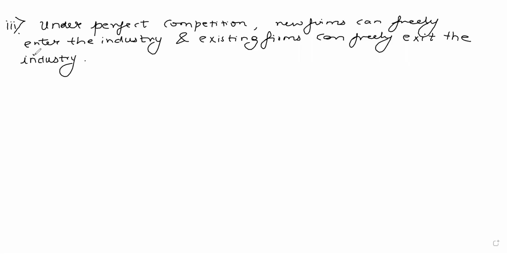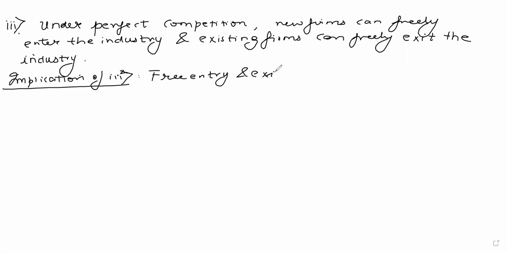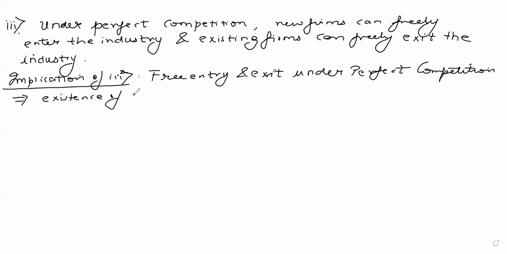Now, what is the implication of this, guys? Implication of the third characteristic. We can say free entry and exit under perfect competition implies existence of normal profits.